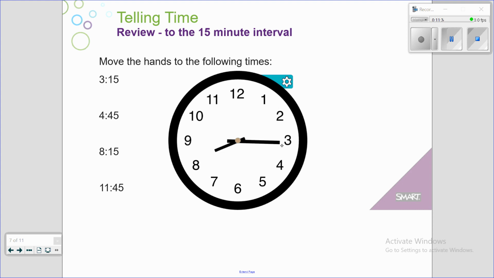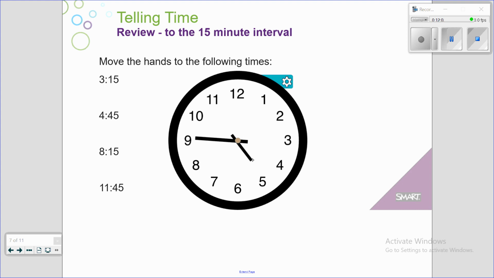And what about the hour 3? Here is the hour 3. Yes. What about 4:45? Let's make 45. 45 is on 9. What about 4? This is not 4. This is 3:45. 4:45 like this. It will be 5. So I said it's 4:45 or quarter to 5.